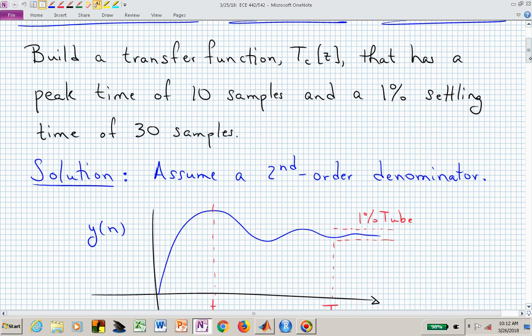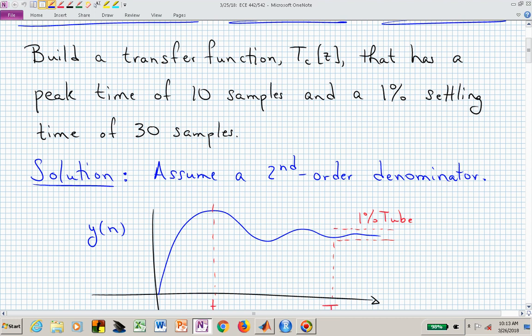Here's what we want to do. We want to build a transfer function, T sub C of Z, that has two performance specifications satisfied. One is a peak time of 10 samples and a 1% settling time of 30 samples.